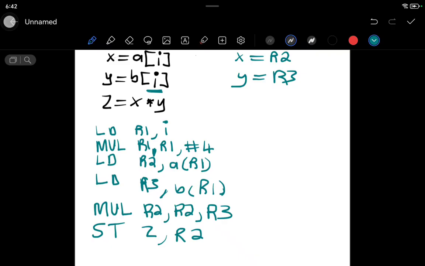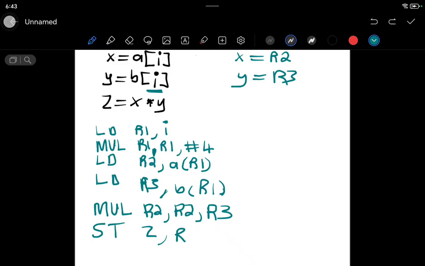So now let's check. We stored into R1, we stored I, and then we multiplied by that byte. Then we stored it into R. Then we loaded the content of this into R2, right? Then another thing, guys, R1 from here can also be reused, because now I've loaded the content of this into R2.